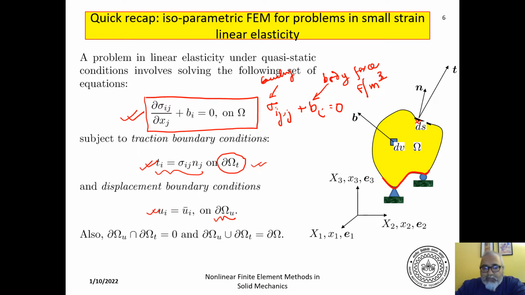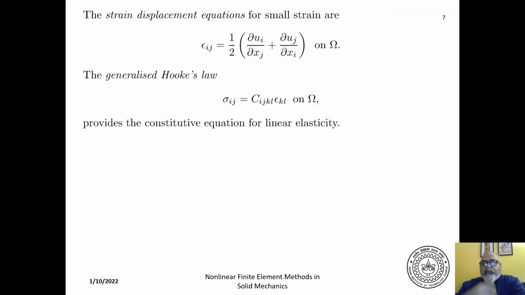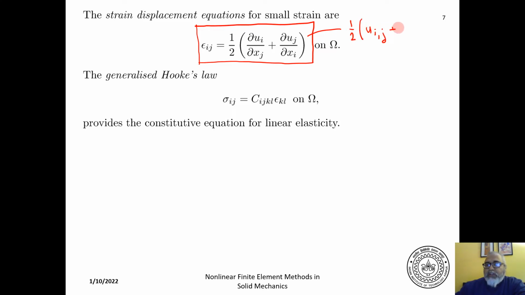This is of course not complete without the constitutive equation and the strain displacement relations. The strain displacement relation that we have learned is epsilon ij equal to half del ui del xj plus del uj del xi, which is also written as half ui comma j plus uj comma i. This is valid on each and every point inside the volume.